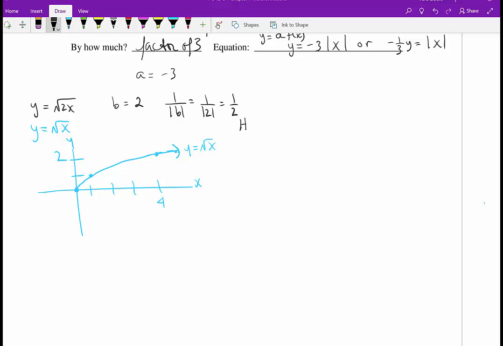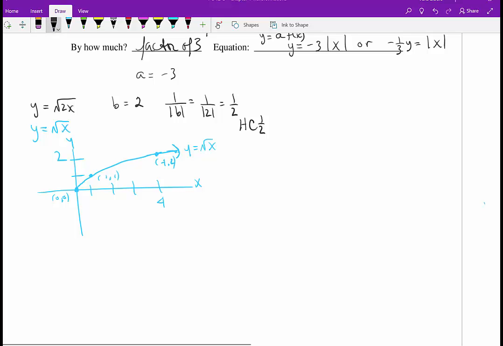So I have a horizontal compression of a half. So what that means is that my x coordinate becomes half of what it was before. Okay, so if I look on my graph here, I've got 0, 0, 1, 1, and 4, and 2.